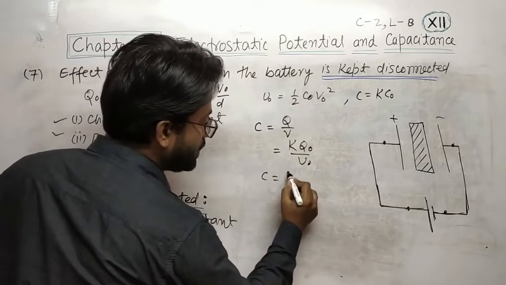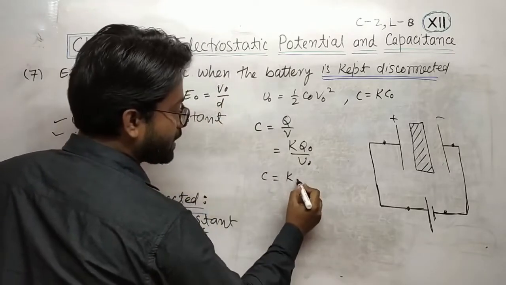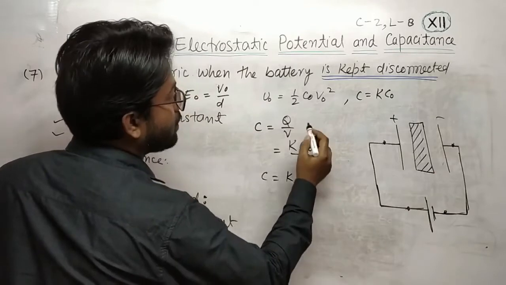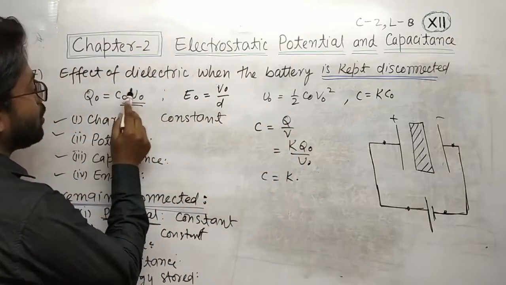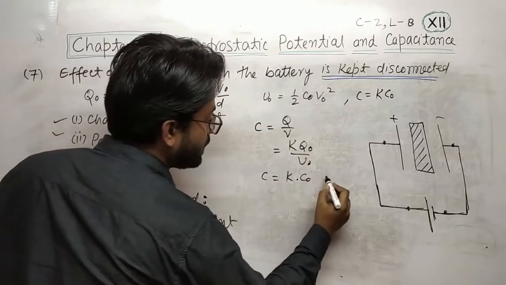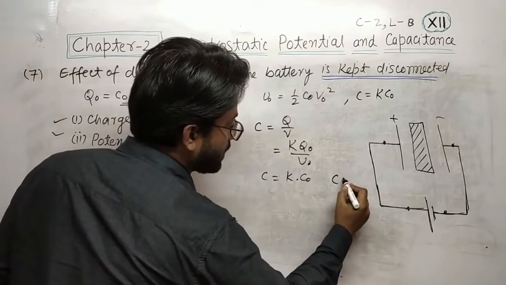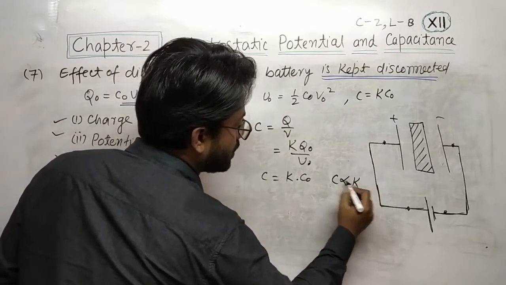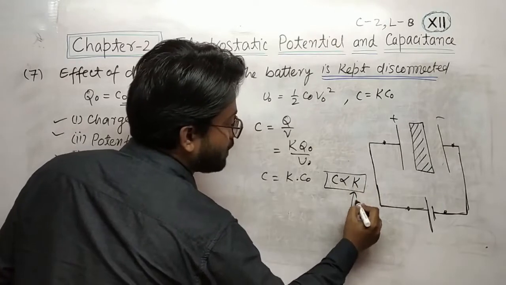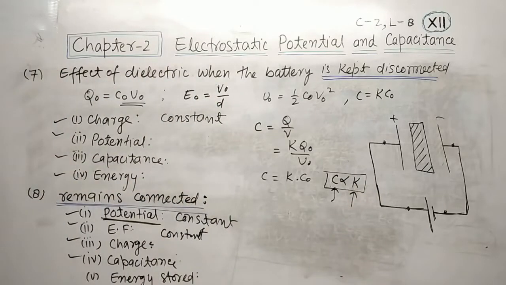We can write C is equal to K times Q naught upon V naught. Q naught upon V naught equals C naught. We can write C, capacitance, is directly proportional to K. On increasing the value of K, capacitance of the capacitor will also increase.